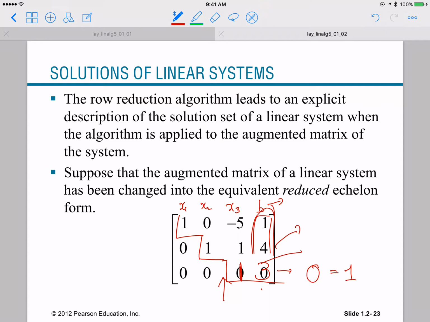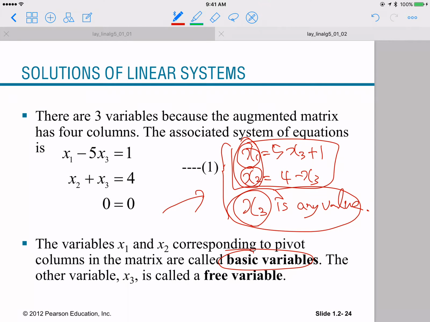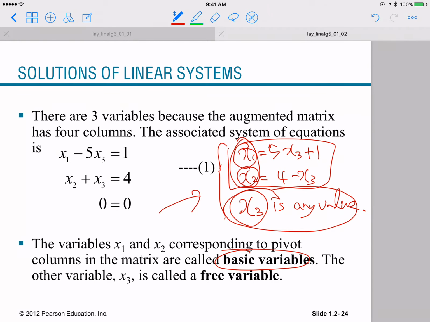In the case of the third one, x1 equals 3, x2 plus x3 equals 4, but we can plug that in, right? And then x1 equals 1 plus 5x3, so x1 can be plugged into x3, right? So in this case, there is no free variable, so in that case, you will have a unique solution.